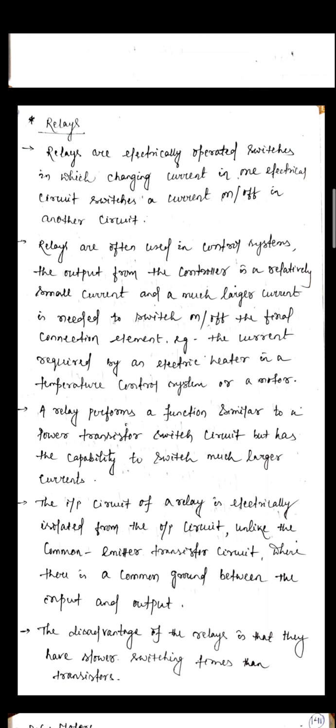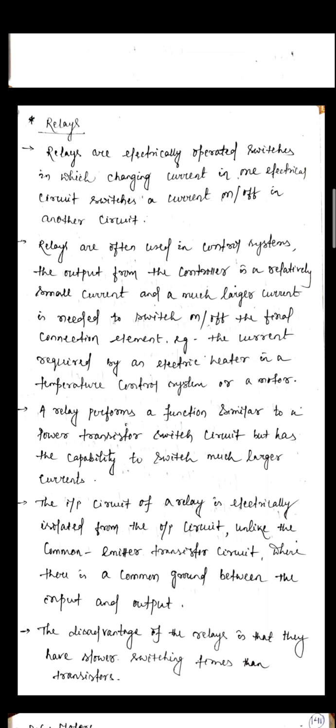Relays are often used in control systems. The output from the controller is a relatively small current, and a much larger current is needed to switch on or off the final connection element, for example the current required by the electric heater in a temperature control system or a motor.